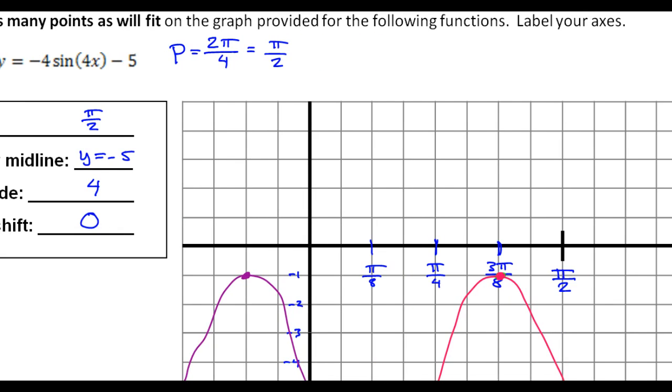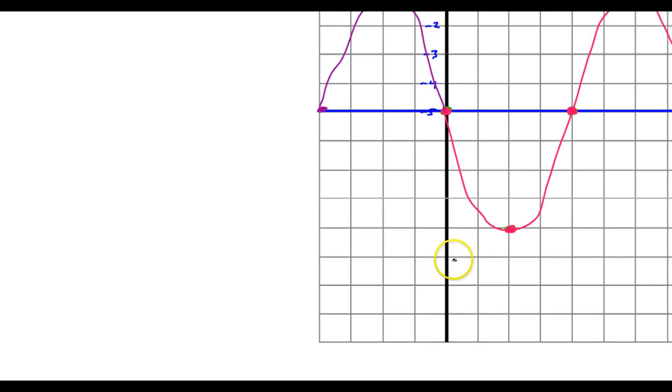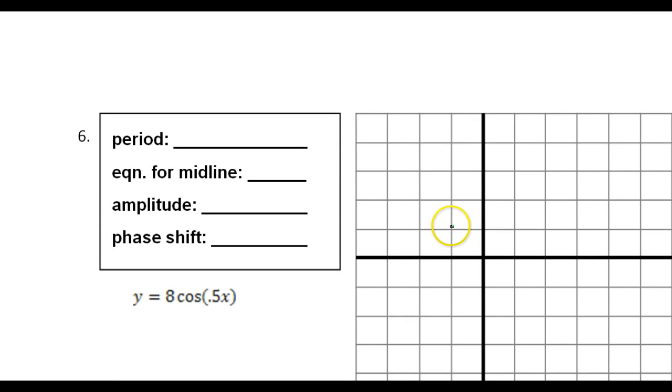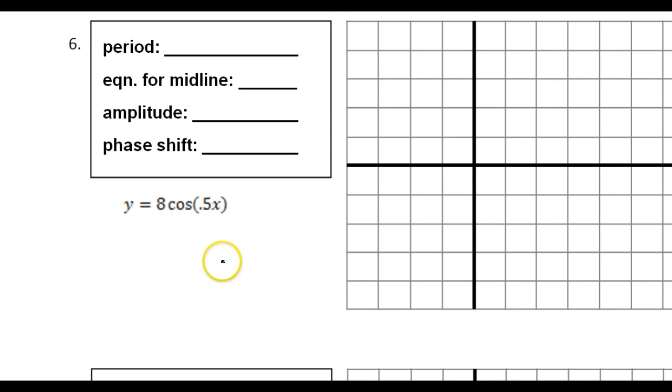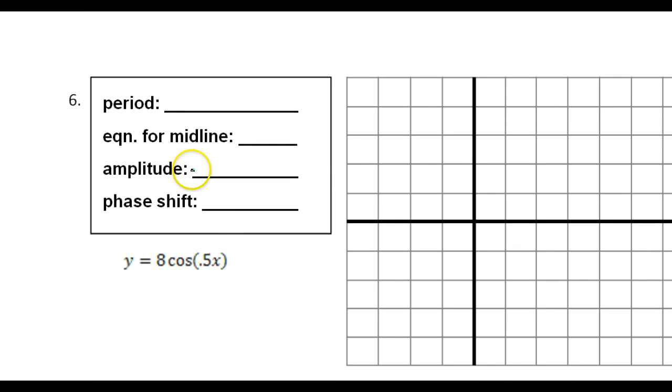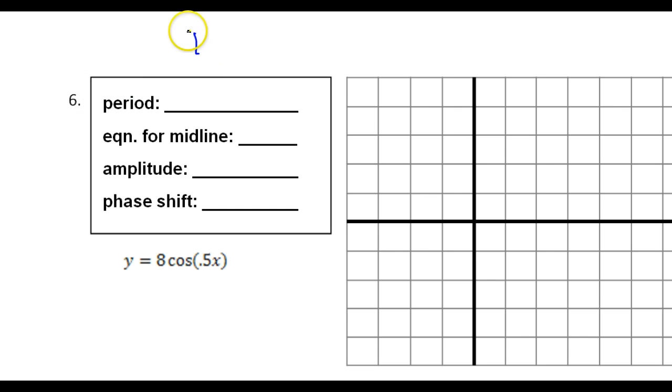Okay, let's do another. Let's do problem number 6. That's 0.5, 1/2. Okay, so the period is going to be 2 pi over the b value.